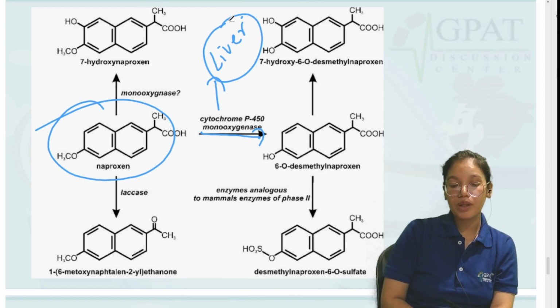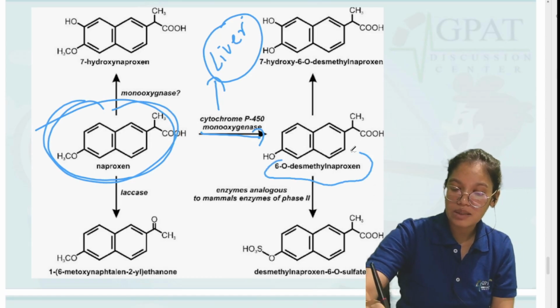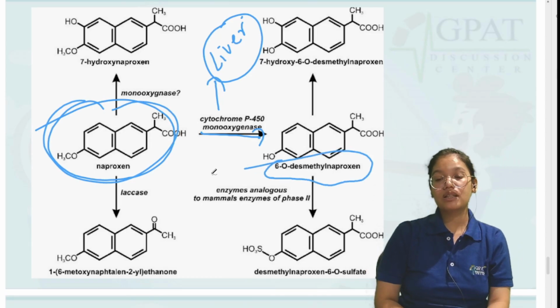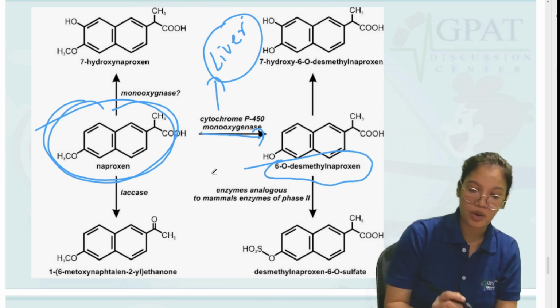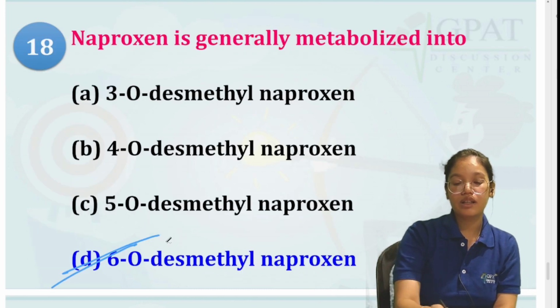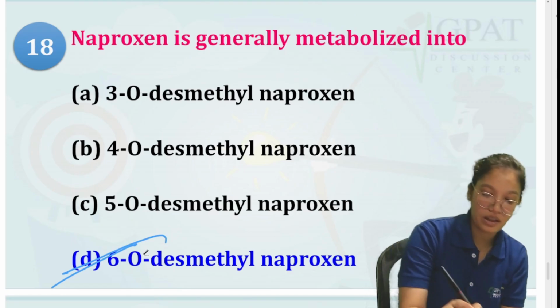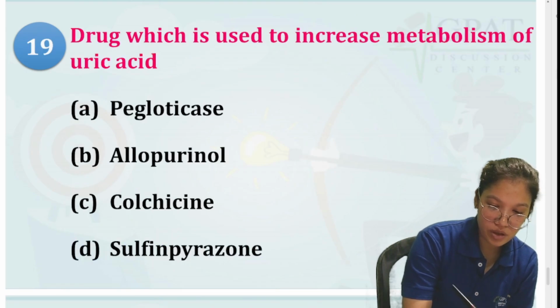Cytochrome P450 monooxygenase. So naproxen is metabolized to 6-O-desmethyl naproxen. This is the metabolic product of naproxen. So if you look at the options, yes, the D one is right.